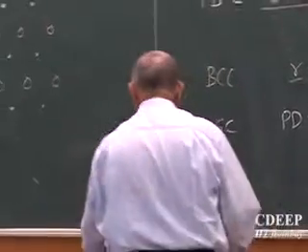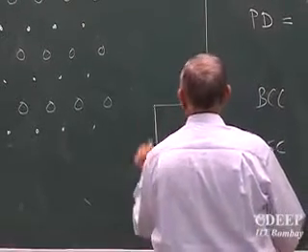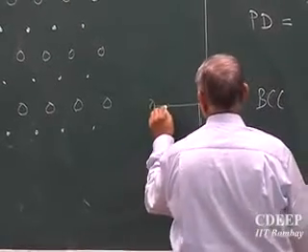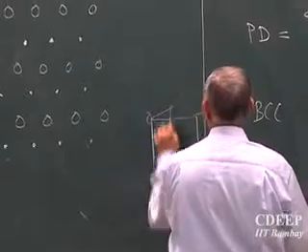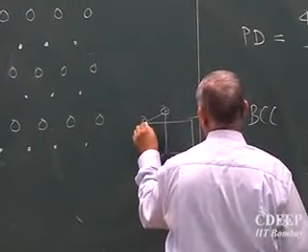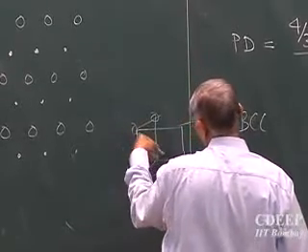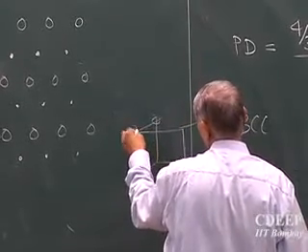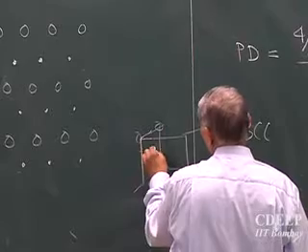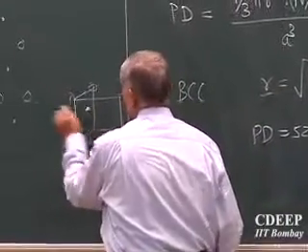I may not be able to draw correctly, but if this is your atom, let's say from this atom you are going 1 by 4, 1 by 4 and also along this direction, so somewhere here, this is that lattice point.